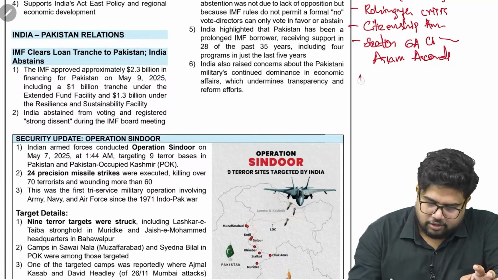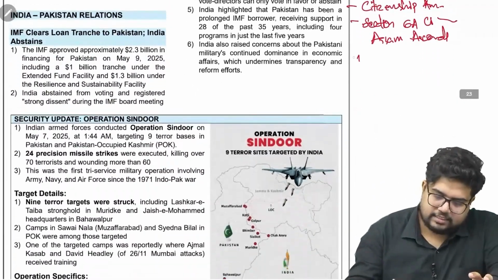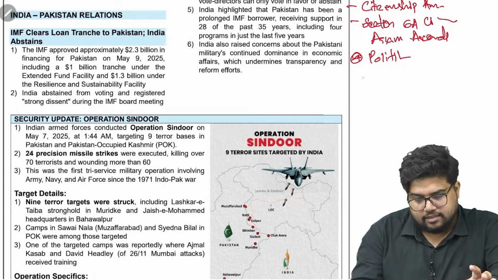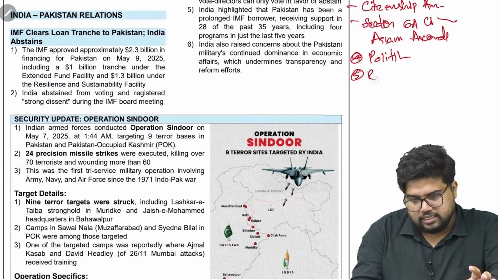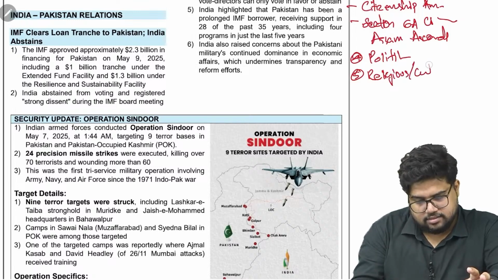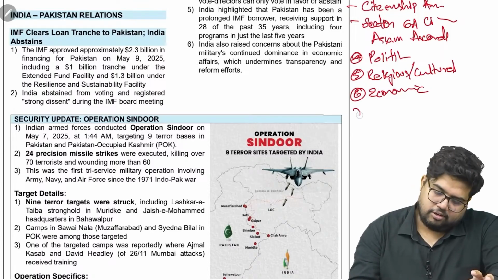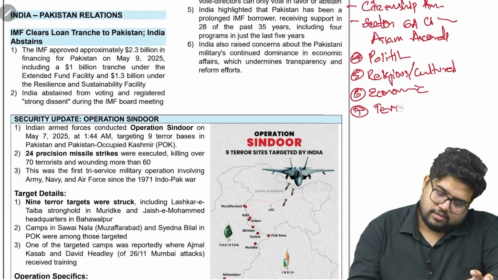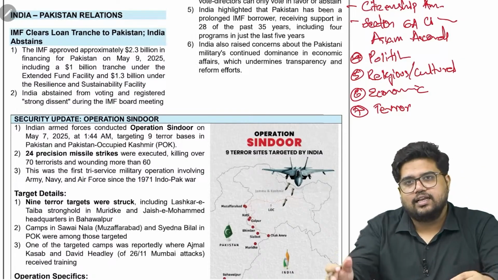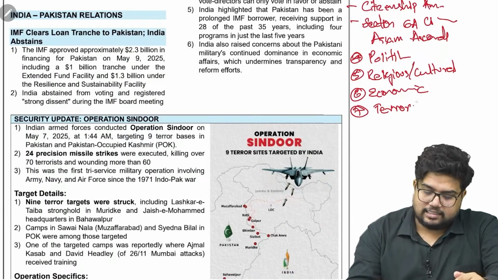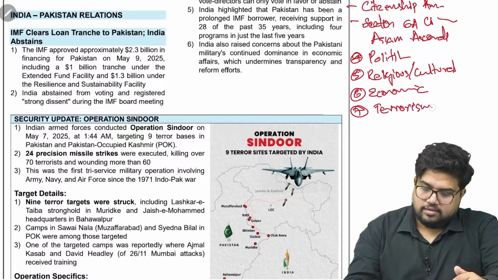Then we have political confrontations, which we already discussed, the political confrontation with the Yunus government. We have religious and cultural tensions, and economic issues. We have terrorism issues, like the Zakir Naik videos having Bangladesh links and Al Qaeda bases in Bangladesh, all of which you can connect with.